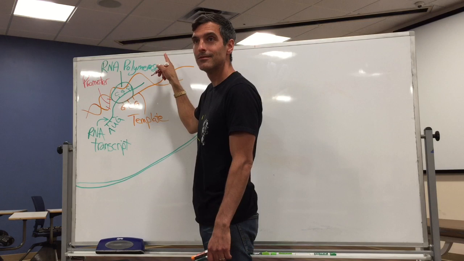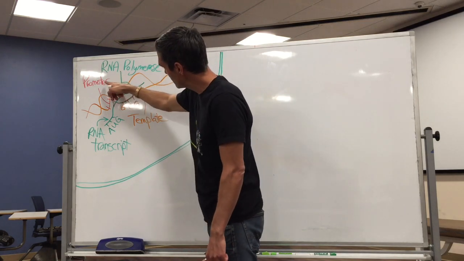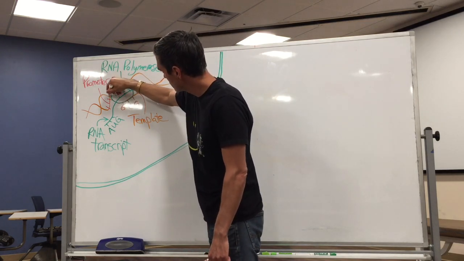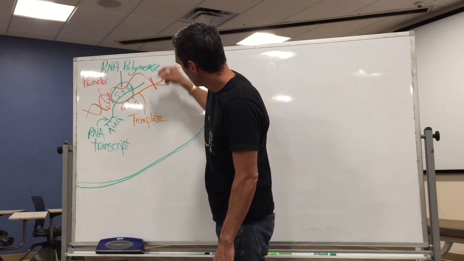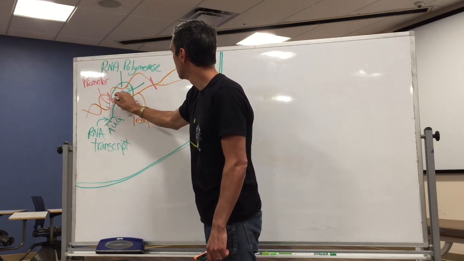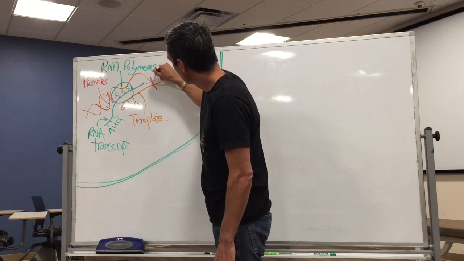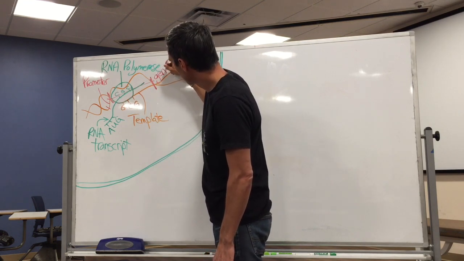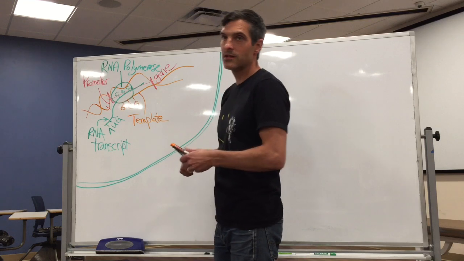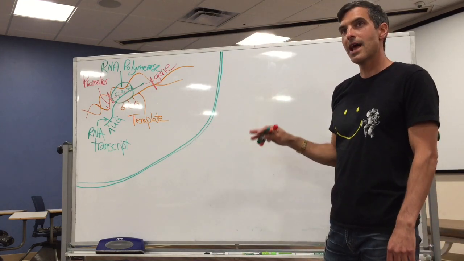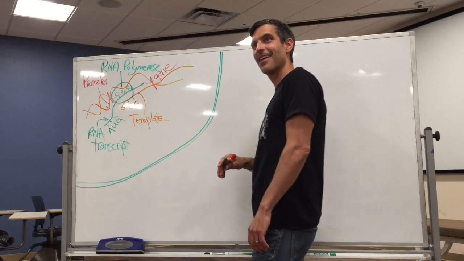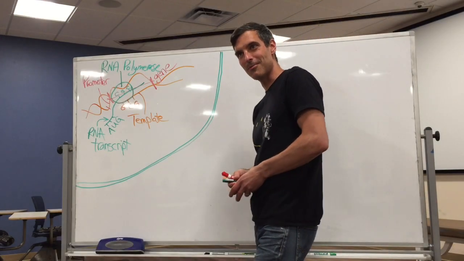The gene. The gene is right after the promoter. So let's say from this area is the gene. And the gene is like the recipe. It's got all the instructions on how to build the protein that you're going to make.